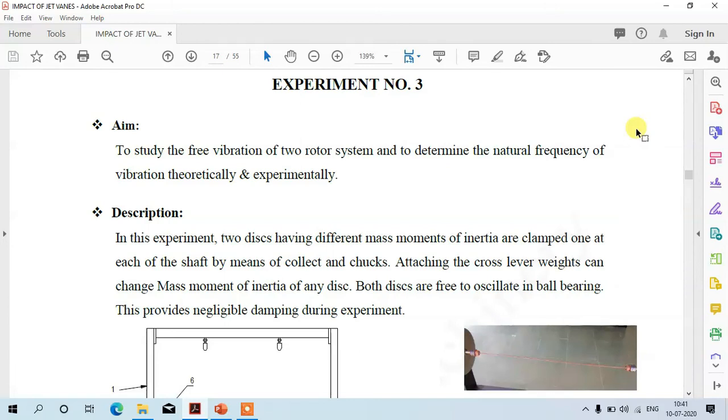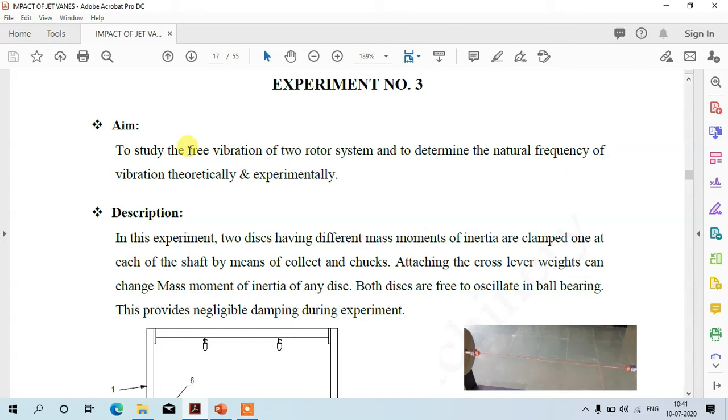Okay, so today we are going to discuss our third practical, which aims at studying the free vibration of a two rotor system and determining the natural frequency of vibration theoretically and experimentally.